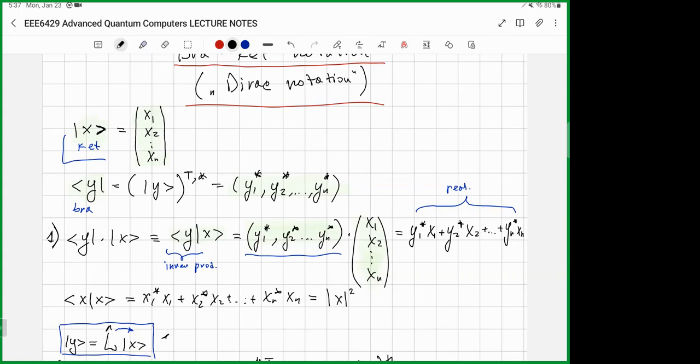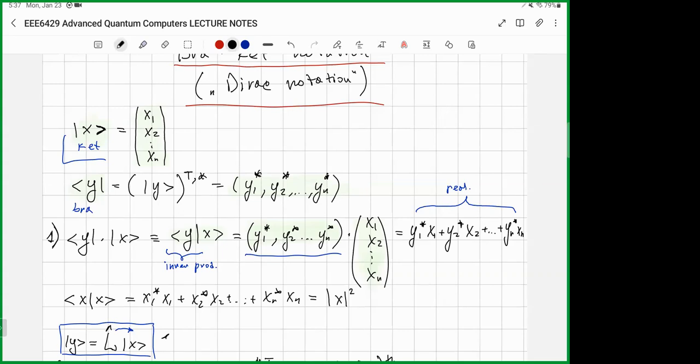And why do we do so? We do so because we are dealing with complex vectors, and when we calculate the inner products, the dot products of two vectors, we have to take one of them transposed, and since they are complex, we have to complex conjugate it.